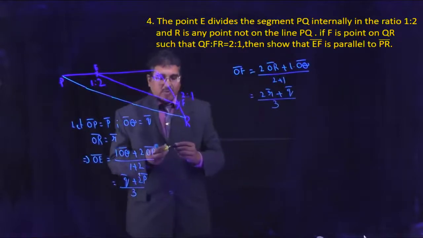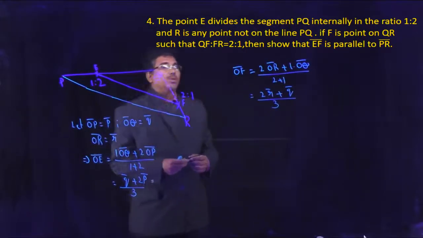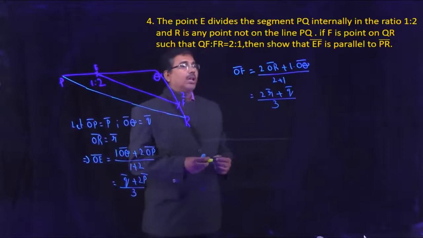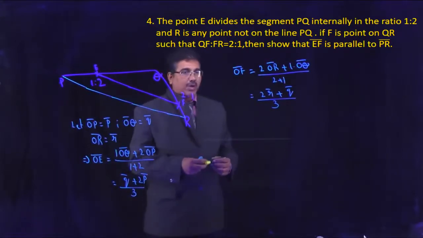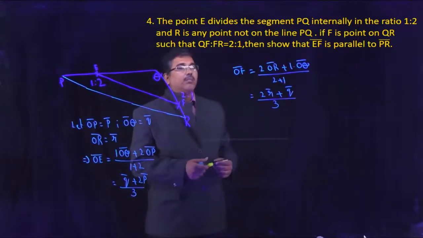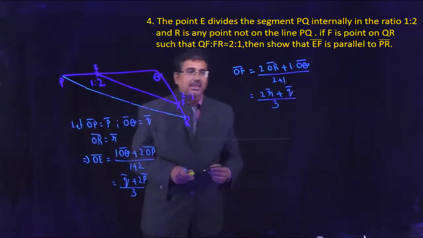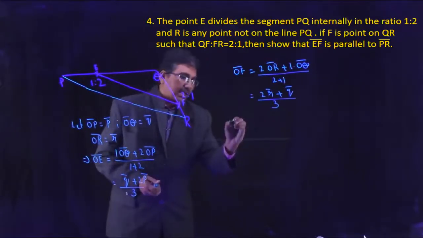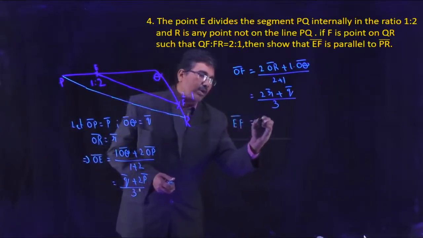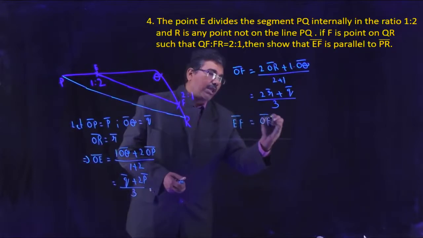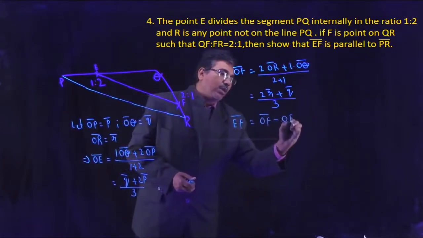Now our aim is to show that EF bar is parallel to PR bar. Consider EF bar. EF bar is equal to OF bar minus OE bar.